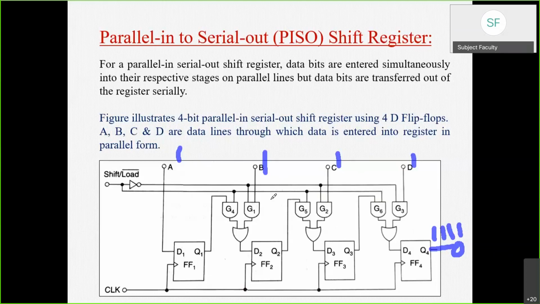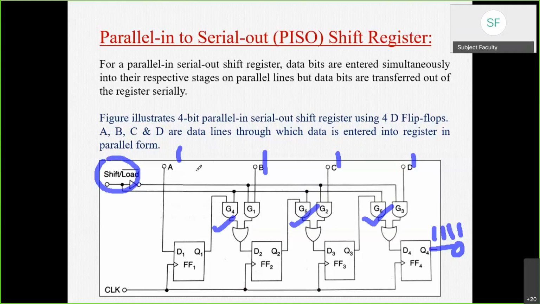Some extra additional combinational circuits have been used here, you can observe. So what is the purpose of that? Now we will see. Again, this shift or load bar is also unknown to us. But otherwise, again, 4 D flip-flops have been used, all of them connected together, and the clock signal is given simultaneously.